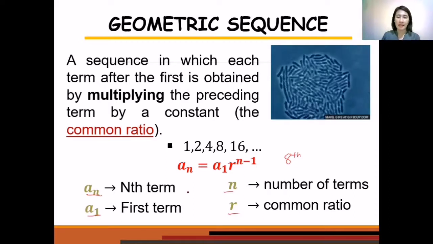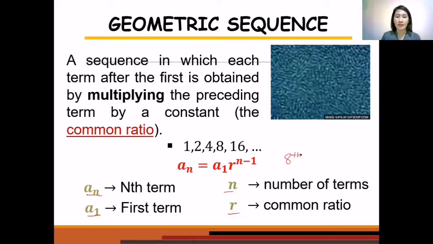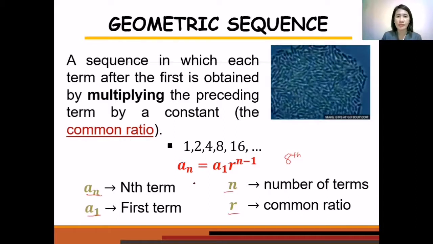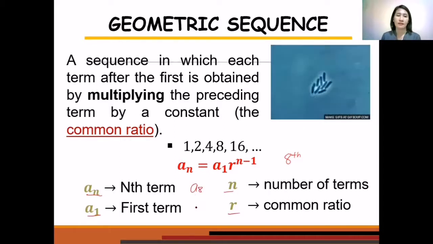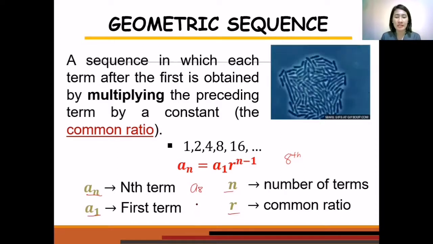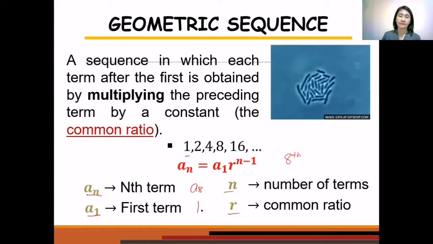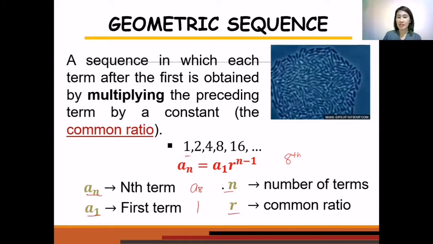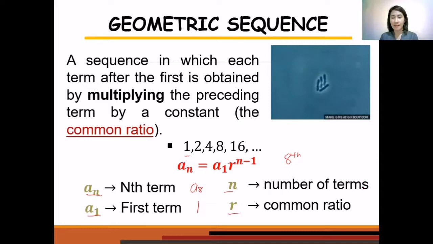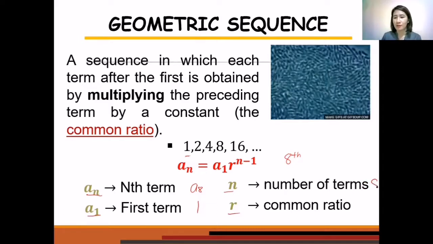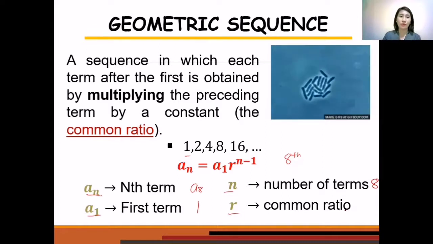So your a sub n will now be the 8th term. So you're now going to use a sub 8. A sub 1 is the first term. So on our given, the first term is 1. N should be the same as a sub n. I mean, n there should be the same. So you have number of terms involved, 8, and common ratio.